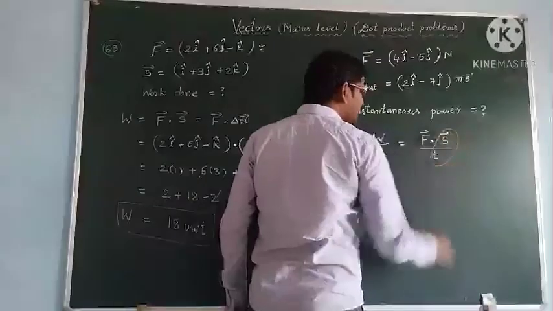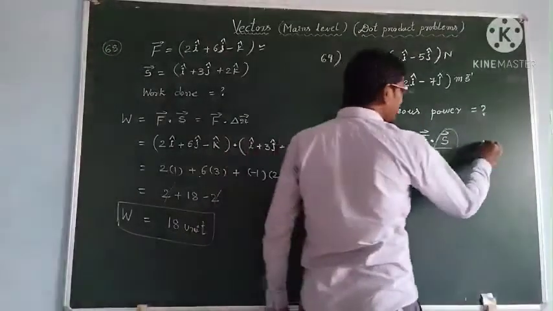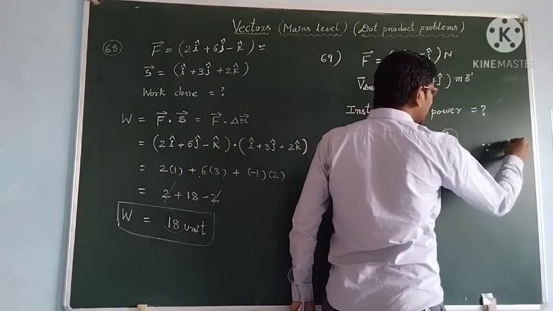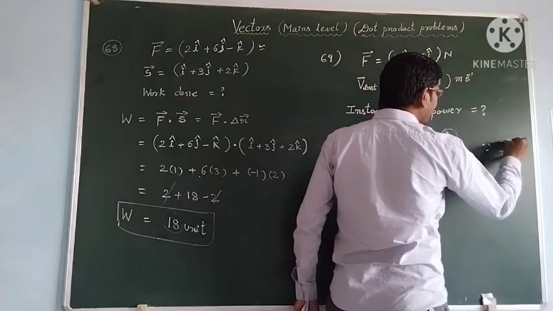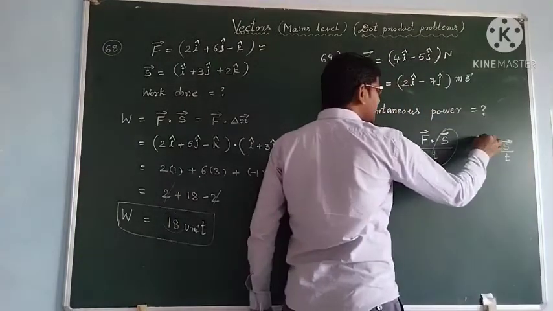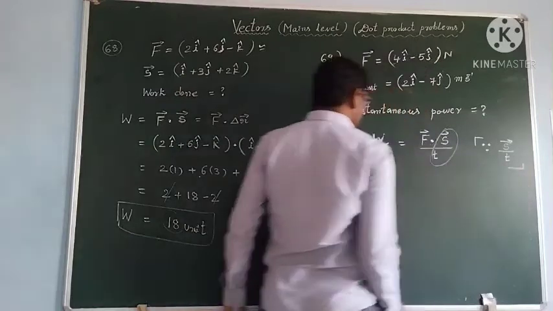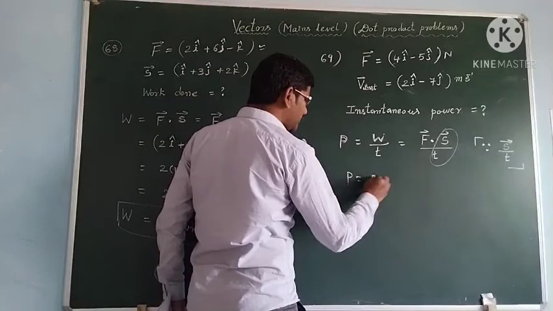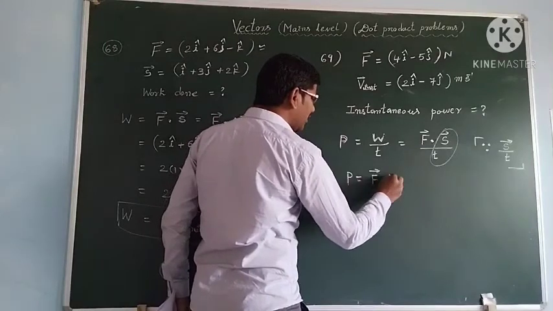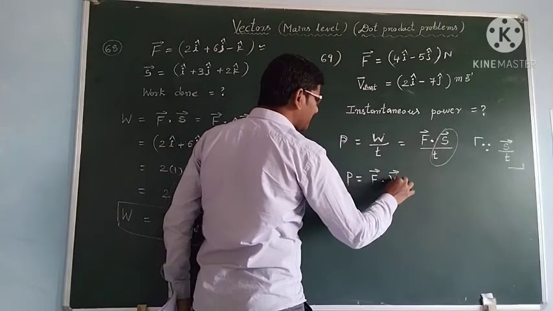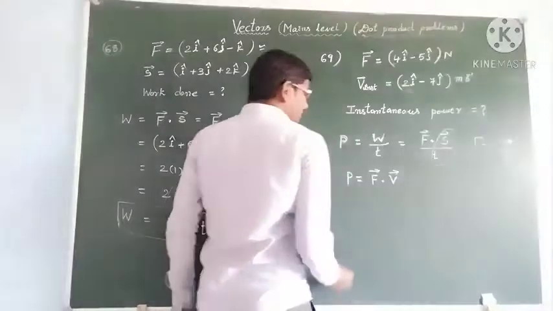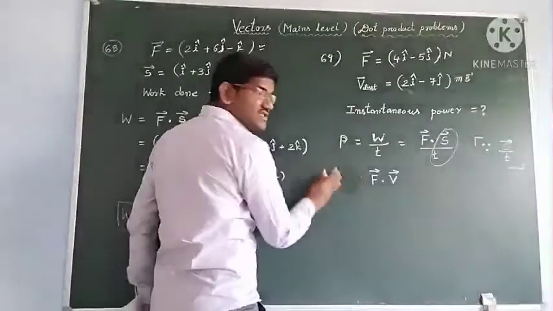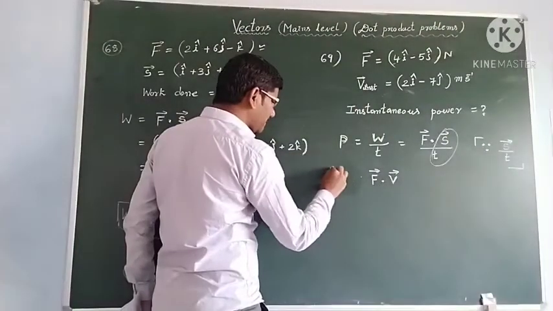Since displacement by time is the velocity vector, you can write power P is equal to force vector F bar dot velocity vector V bar. Displacement by time is velocity, so this is called instantaneous power.